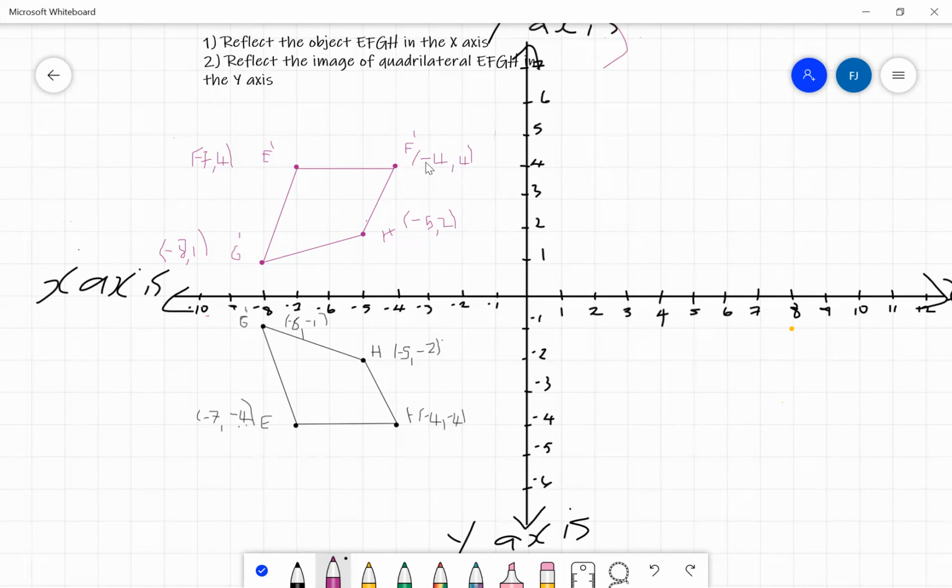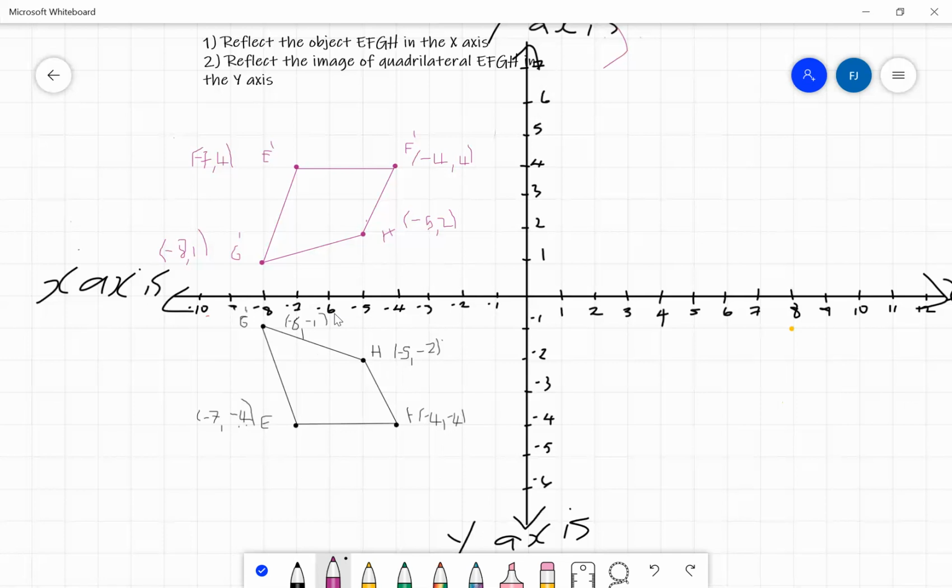Point F prime has coordinates -4, +4. However, on the object, the coordinates were -4, -4. So we see that the x value does not change, but the y value, which was negative, became positive. And that would be the case for all 4 points because they all contain a negative y value.